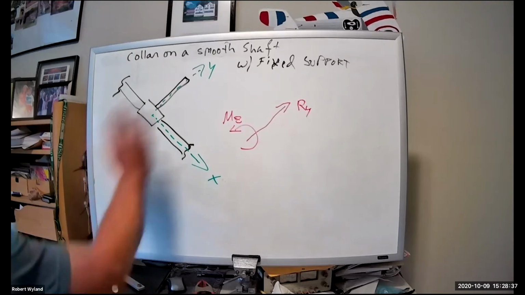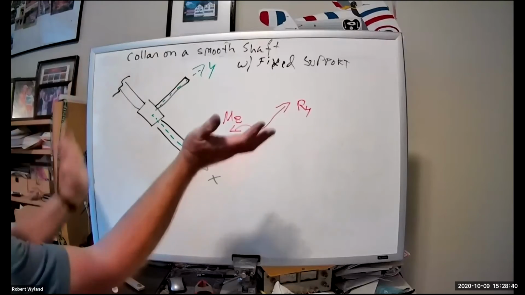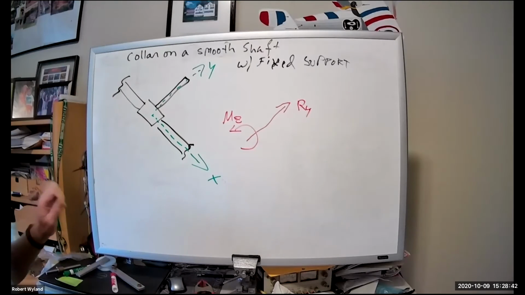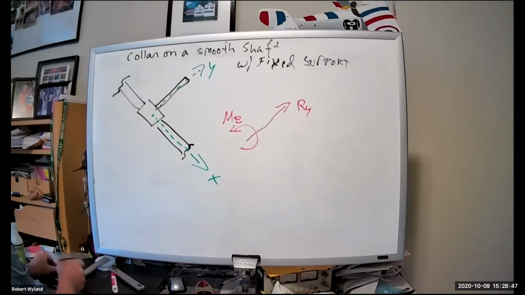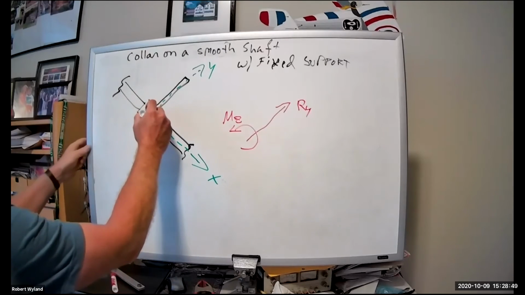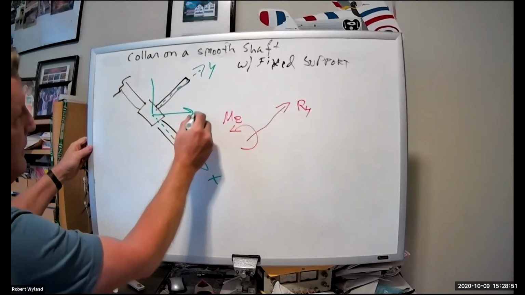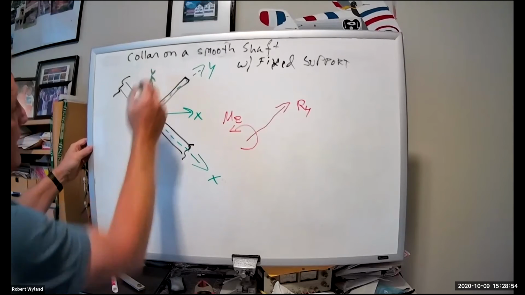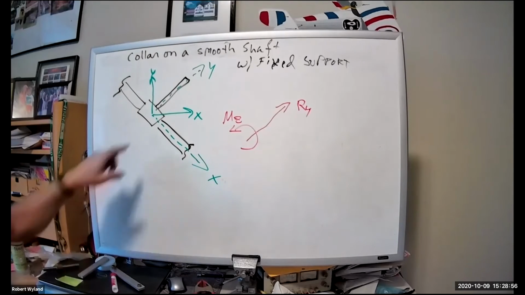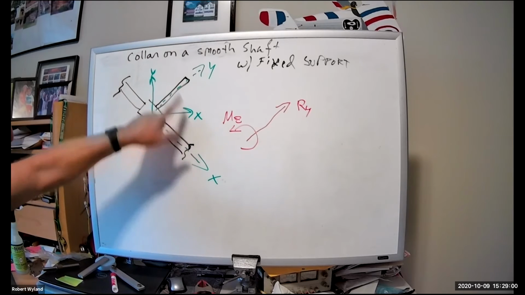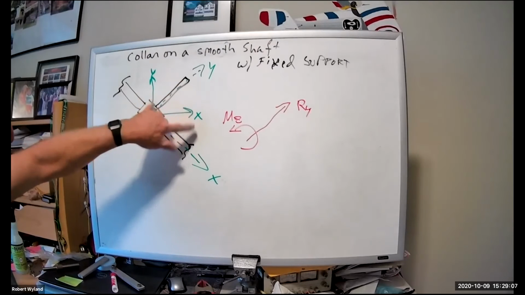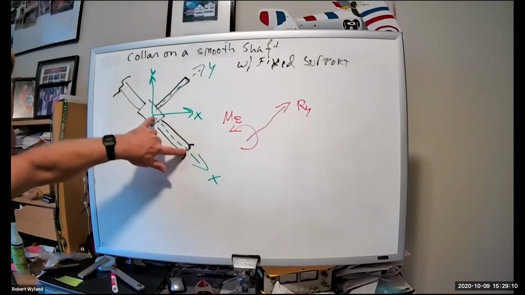So what if the rest of your problem is oriented with X and Y this way? If you were to actually look at this problem and try to draw X and Y, if you broke X into components and Y into components relative to these two, you'd find that the Y component of X is solid, but there would be no X component.